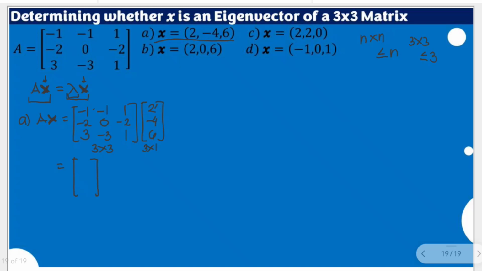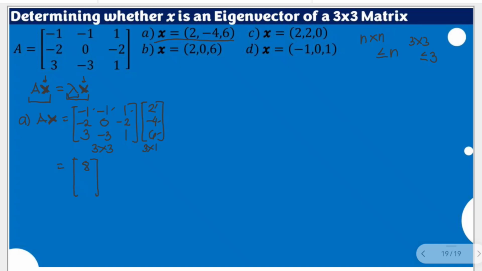For the first row: -1 times 2 is -2, -1 times -4 is +4, 1 times 6 is 6. So you have -2, +4, and +6, which gives +8. You could use your calculators if you would like.